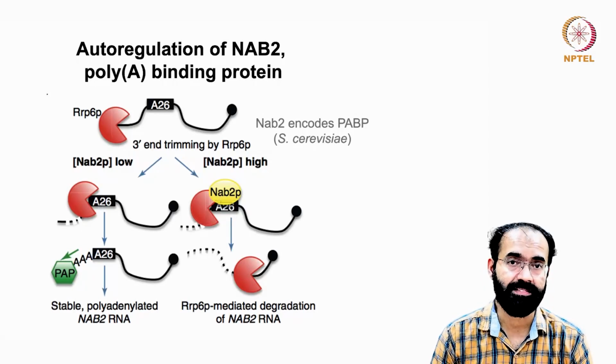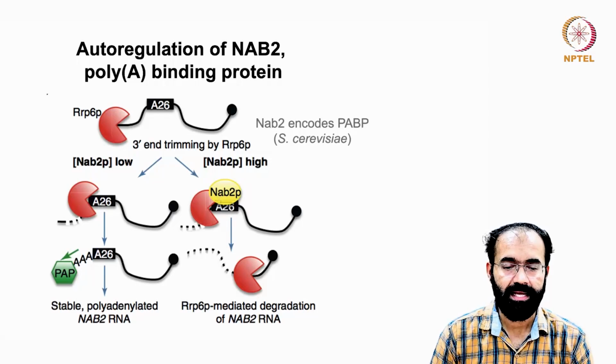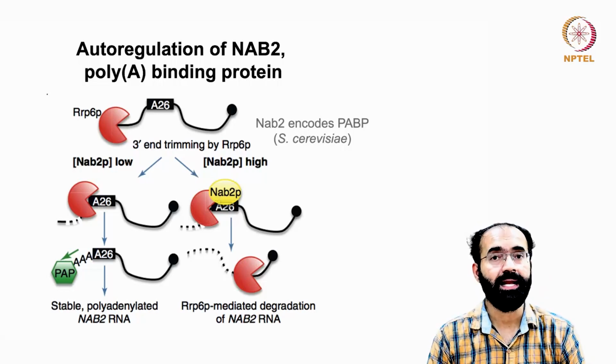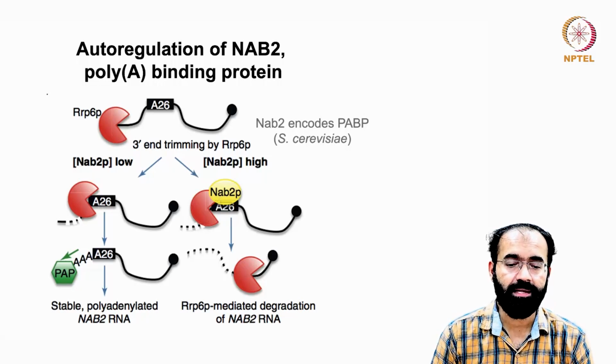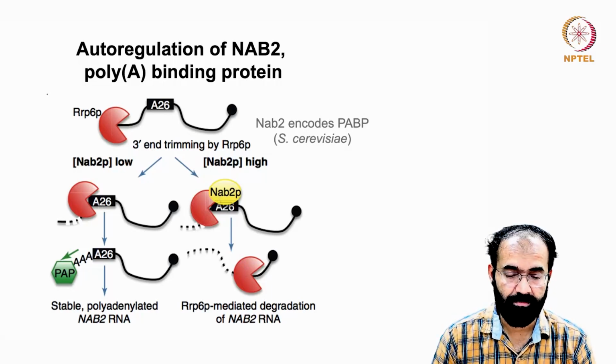Now you have a scenario where NAB2P, that's a protein, is low and NAB2P is high. Remember, NAB2 is a PABP in Saccharomyces cerevisiae. Now, if NAB2 is low, then it will follow a given pathway.